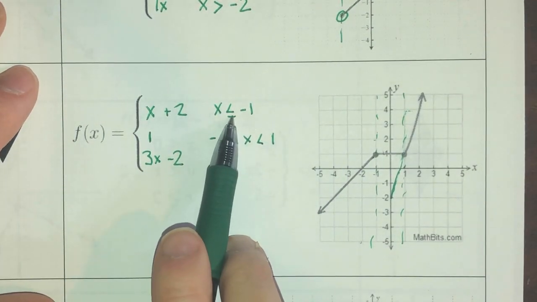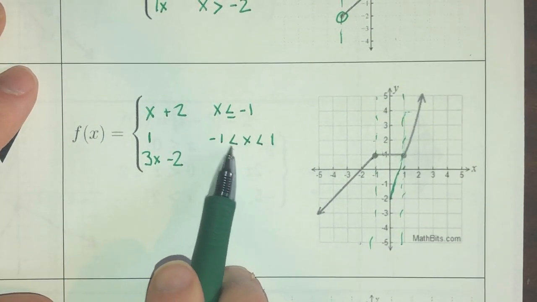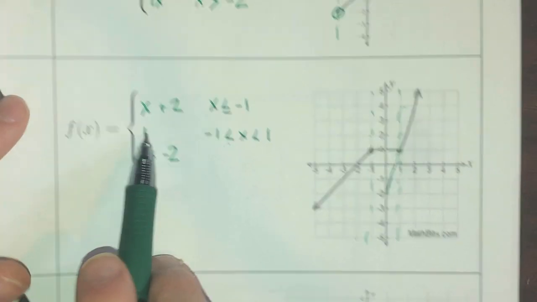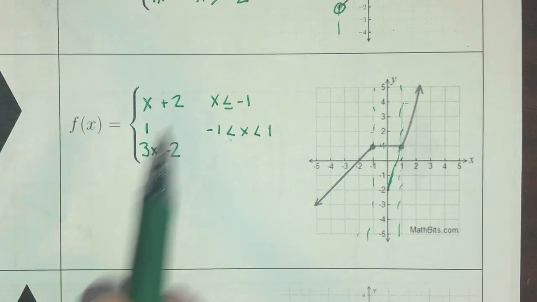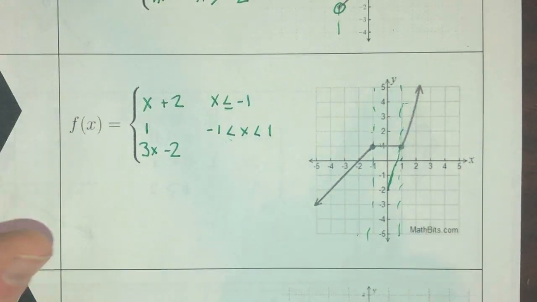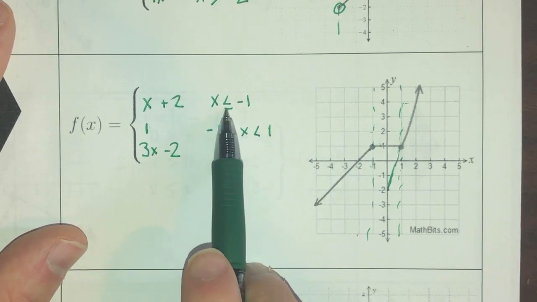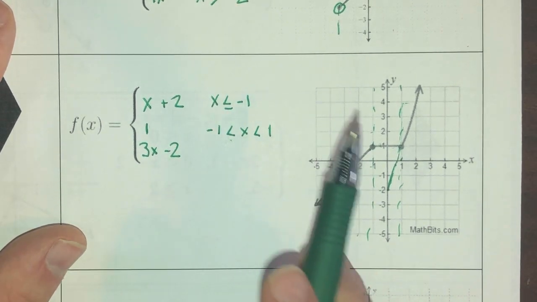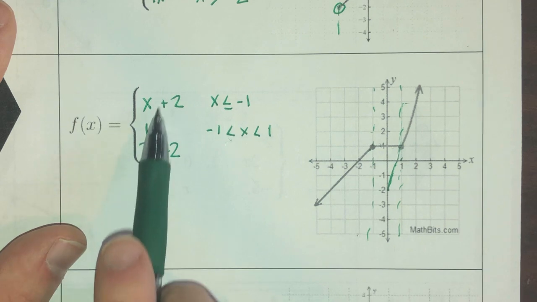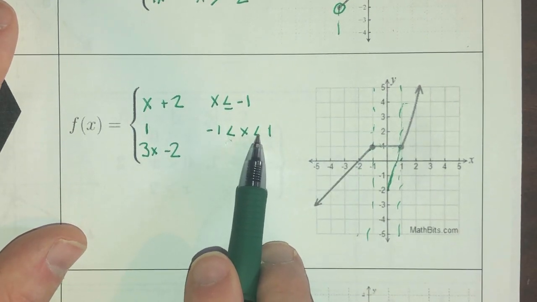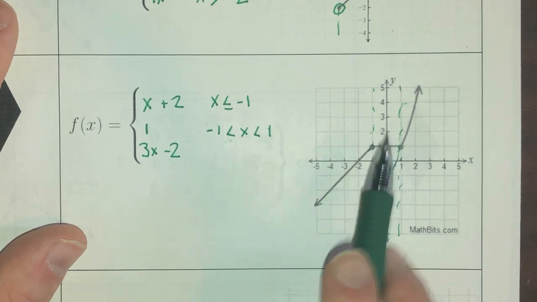So see, if this is a less than or equal to, this cannot be an or equal to, because then when I plug in, it's like I'd be plugging into 2 rules, and you can't have 1 and 1 both come out. Even though they're the same, I know it's a technicality. If you put an or equal to in this situation, you leave this not or equal to, okay? Because you only plug into 1 rule. So notice how I chose to make that just a less than, even though it's not clear.